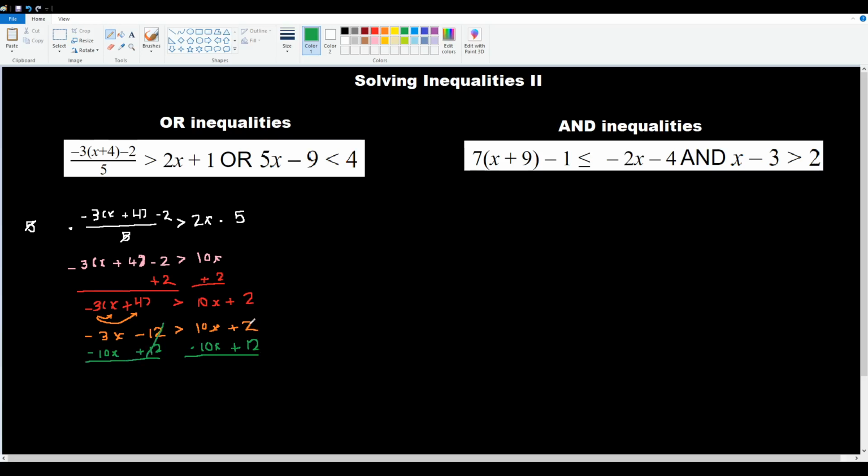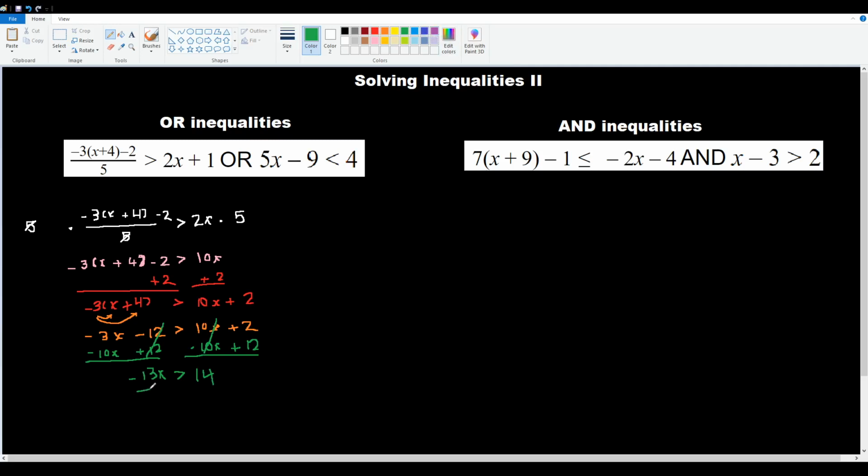So on this side the 10x gets eliminated, and then here we're going to be left with negative 13x is greater than 14. 2 plus 12 is 14. So now you must call back to the flipping the sign rule when you divide or multiply by a negative number.